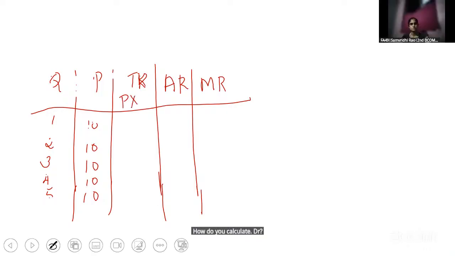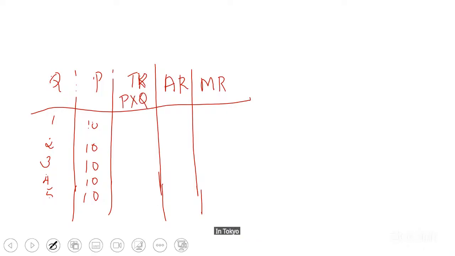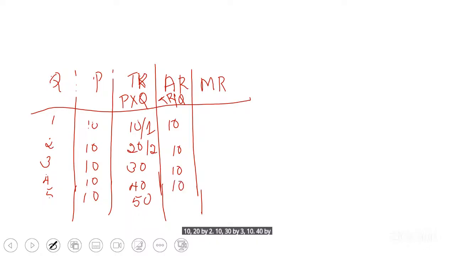P into Q. Right? 10 into 1, 10. 2 into 10, 20. 30, 40, 50. AR is TR divided by Q. So 10 by 1, 10. 20 by 2, 10. 30 by 3, 10. 40 by 4, 10. 50 by 5, 10.